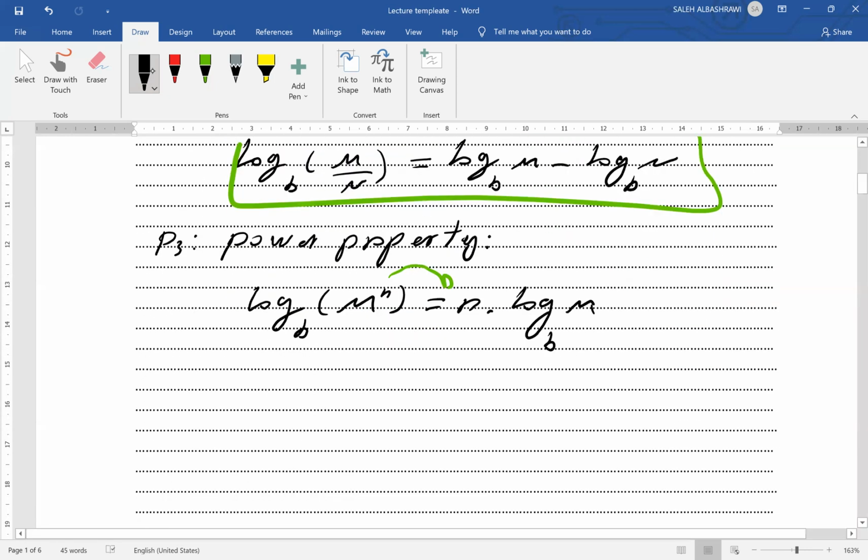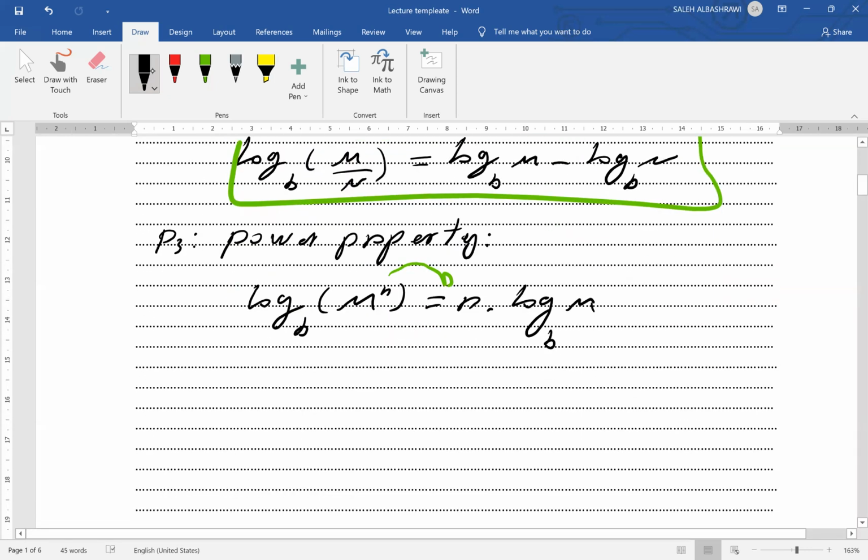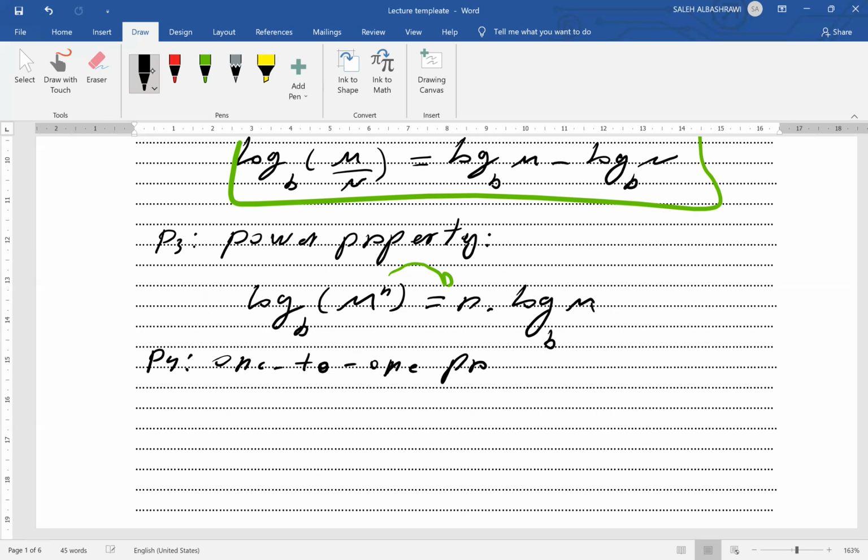Fourth one, we call the one-to-one property. If we have equality of two logarithms, we say that if I have log base b of m equal to log base b of n, this means m and n are equal.